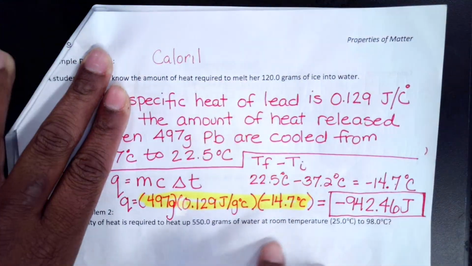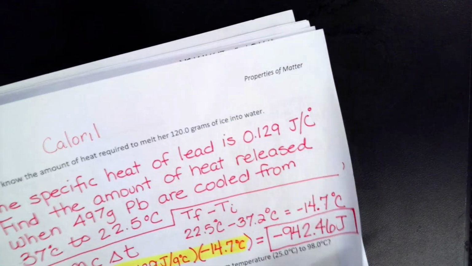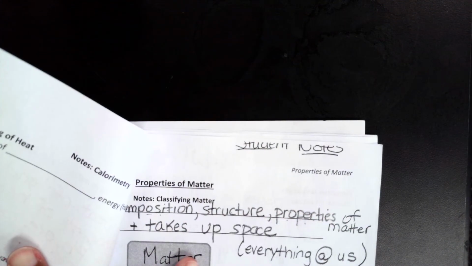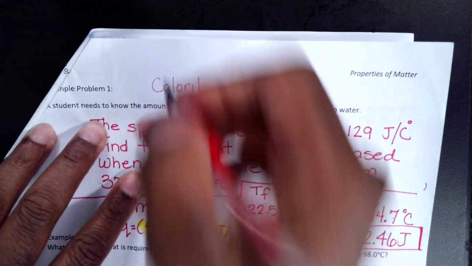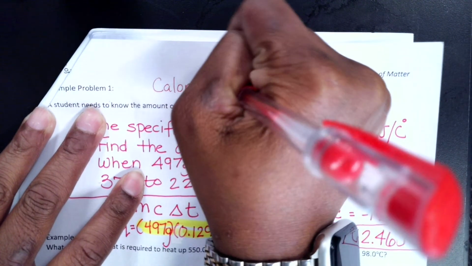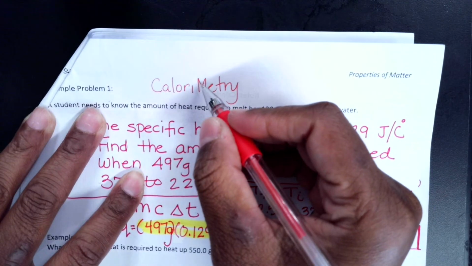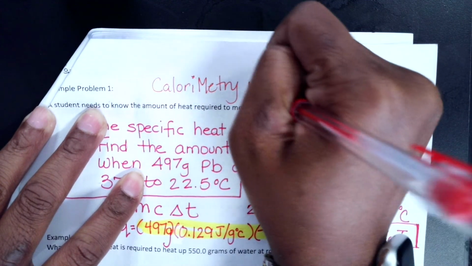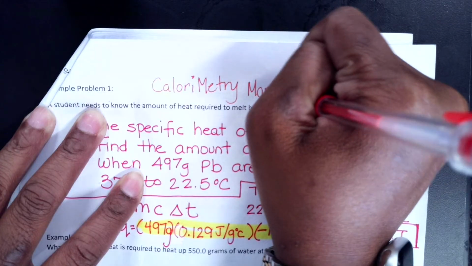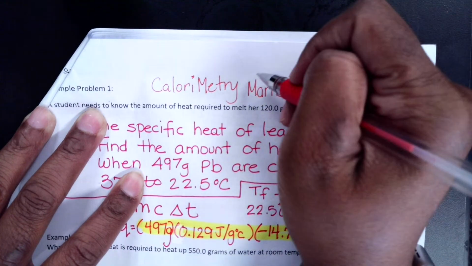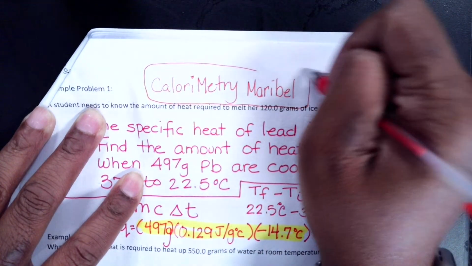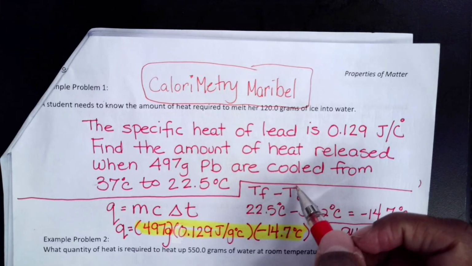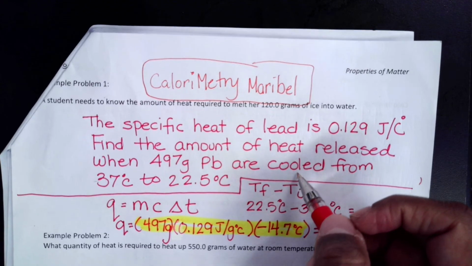Hold on, I'm misspelling it. Calorimetry. There we go. The M is supposed to be lowercase. And I typed in Maribel on YouTube. So if you type this in on YouTube, there'll be a video of examples that she goes over.